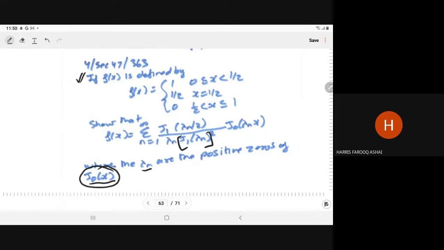So here you have to write where lambda n are positive zeros of j naught x. This is the approach, we can expand.